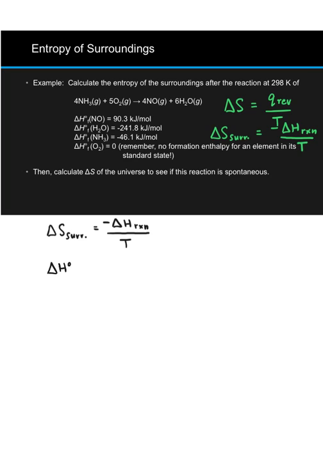The change in enthalpy for our reaction, again, can be given as the sum of the number of moles of products multiplied by their respective delta H's of formation, subtracting the sum of the numbers of moles of reactants multiplied by their respective standard enthalpies of formation.